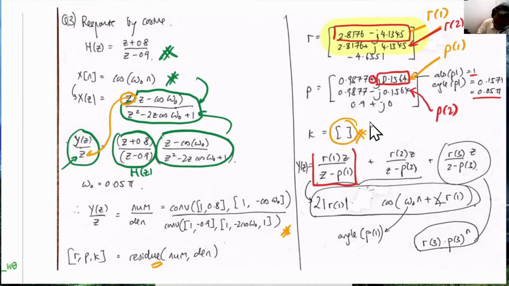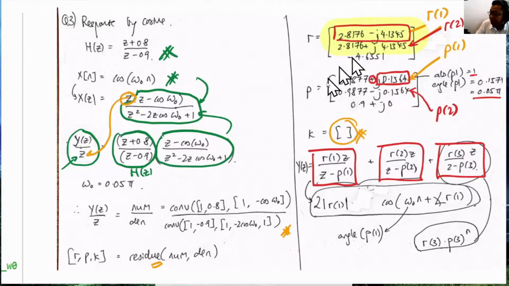So you can now put it in this form. These 6 values are put into this representation because that's what residue is giving us. You will get the values of these coefficients in these forms. We have Y(z) over Z, but now we can throw away the denominator Z as we bring it to the right hand side.